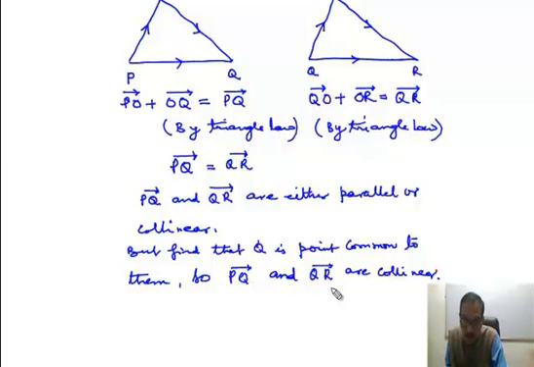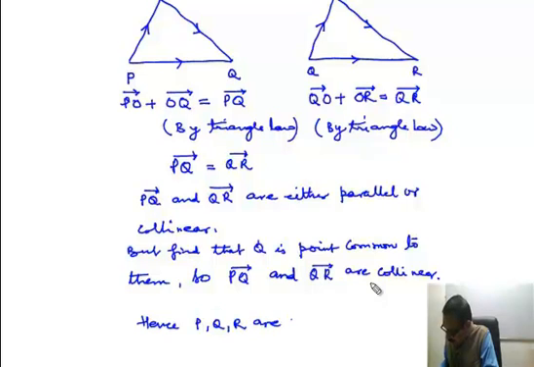So both vectors are collinear. Q is the common point. Hence PQR are collinear points. That is, they lie on the same line.